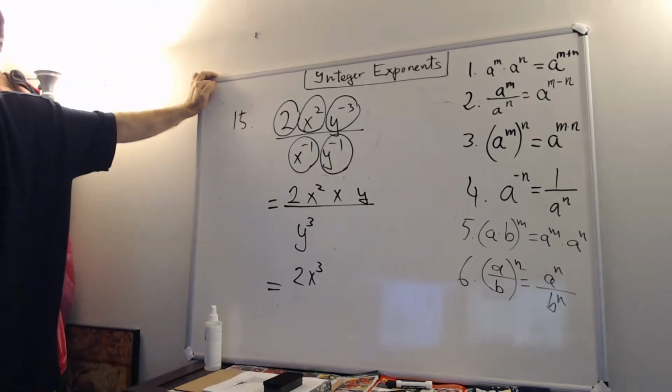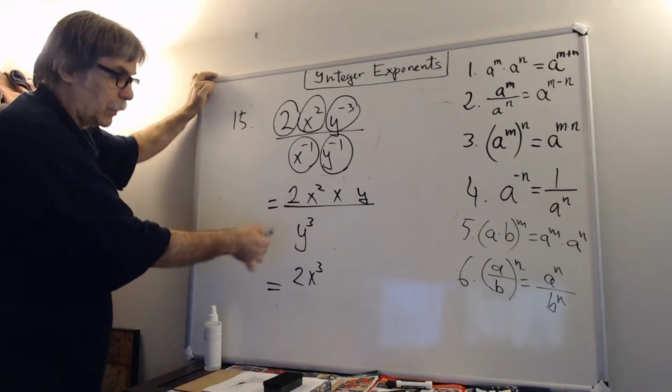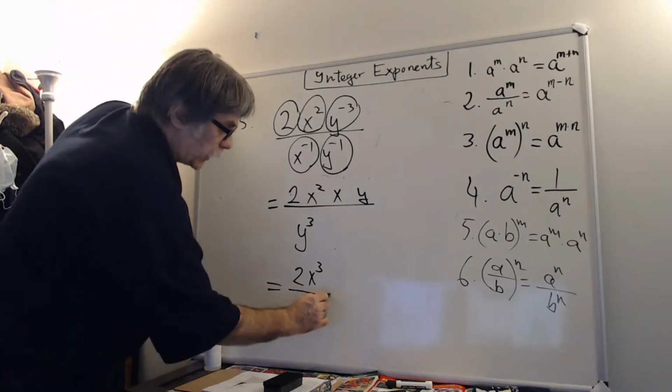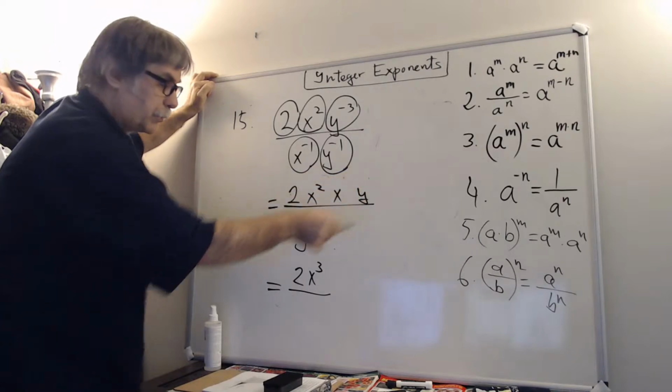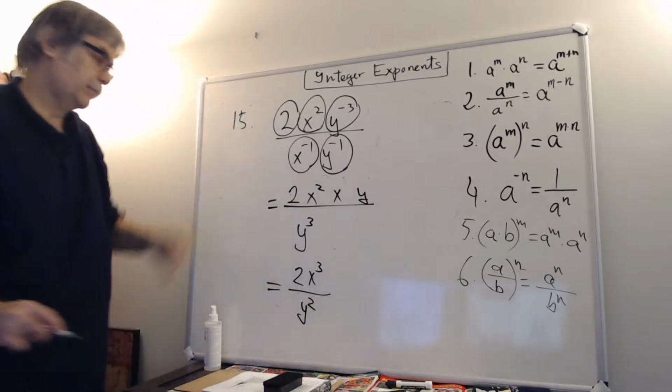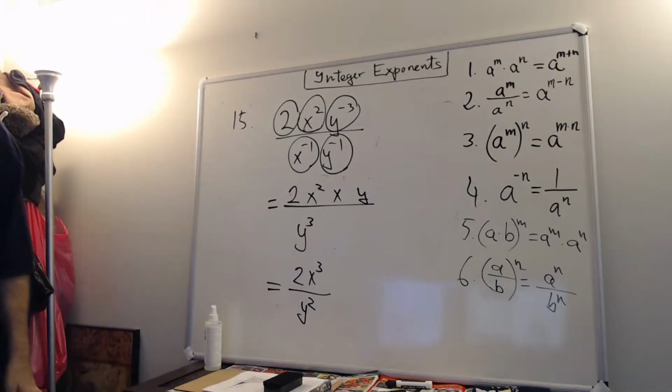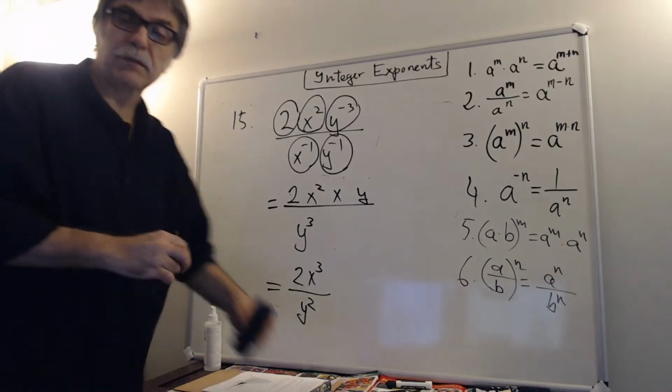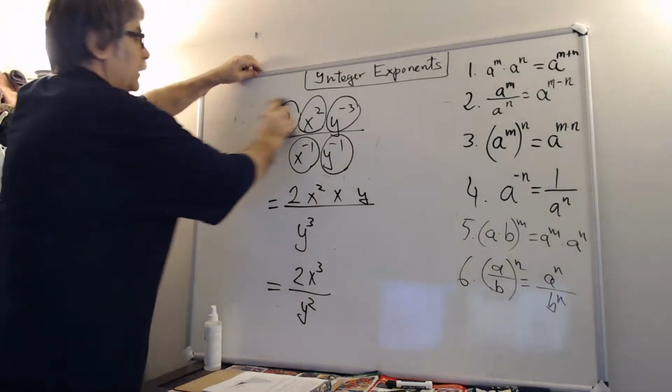So y is a factor upstairs. And downstairs, y is a factor. Y, y, y. So if you cancel y on the top and one of those 3 y's here, you are left with 2 of them. Done. Okay? And you got to remember, this is always a possibility to happen, stuff like that.